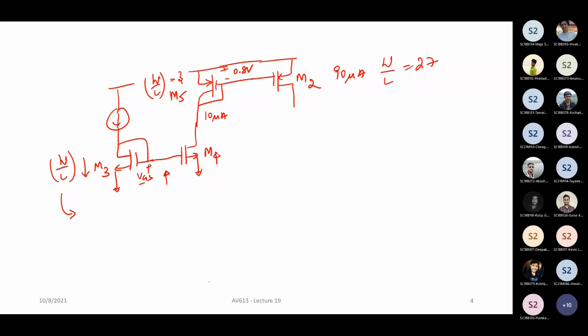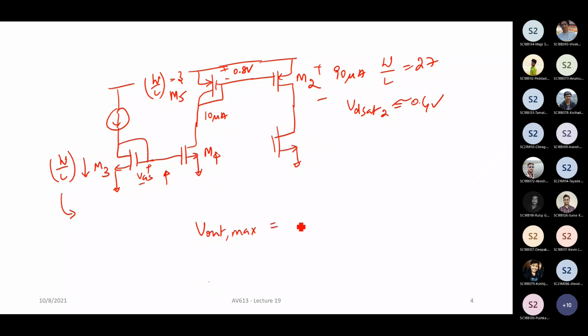Right? Now what will happen is that the VSD sat or the VD sat of 2 will be quite high because you're having 0.8 volt as your VGS. And even if your VTH is 0.4, you will end up with a VD sat of at least around 0.4 or 0.5 volt. Okay, roughly. Now this means that your signal swing is heavily limited, right? What is your Vout swing?